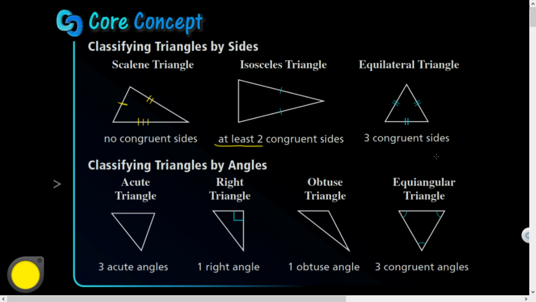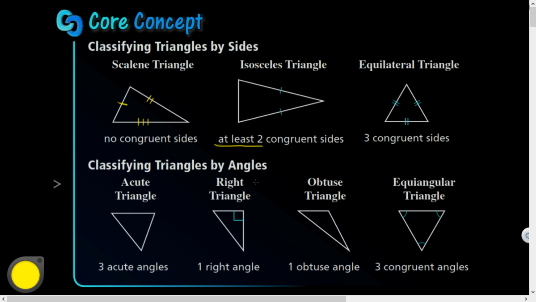So 3 congruent sides are equilateral, equi-side, lateral, right, triangle. In the future, there are shapes with more than 3 sides, and those shapes can also be equilateral, describing the same thing where all of the sides happen to be congruent.